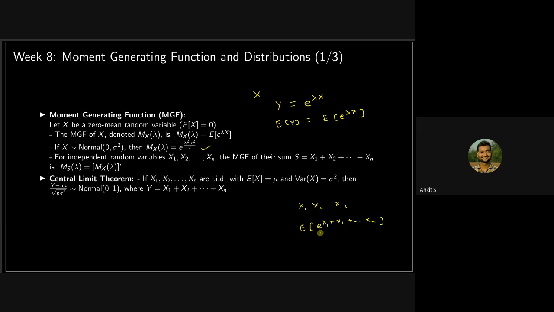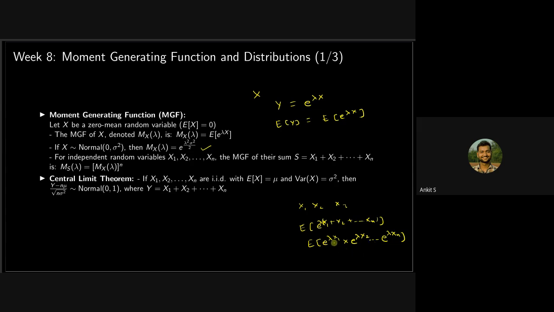When powers are added, we can multiply. So we can write it as e raised to the power lambda x1, times e raised to the power lambda x2, up to e raised to the power lambda xn.